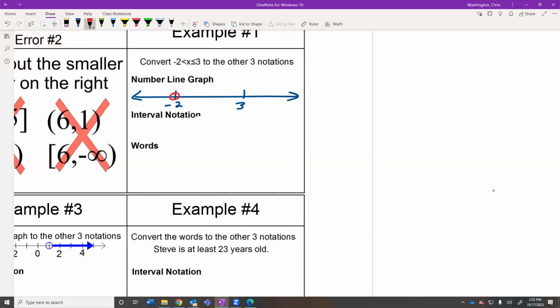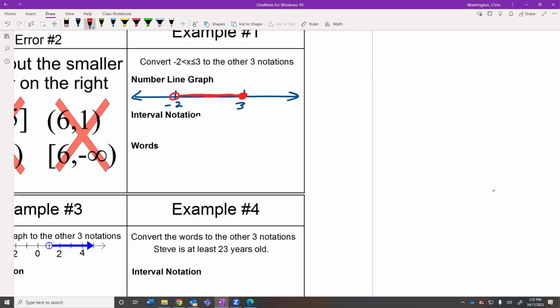Since it could be equal to 3, 3 is included, and 3 would get a closed dot. And at this point, we're looking at everything between those two numbers. So on our number line, we're just going to connect them. Maybe if you have a pencil, you would just shade it more darkly to represent everything between those two numbers.